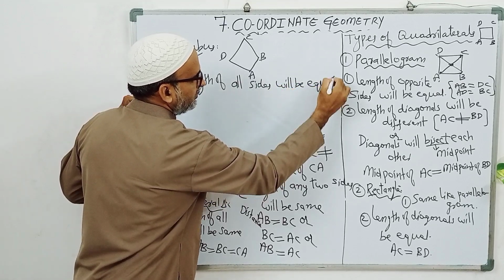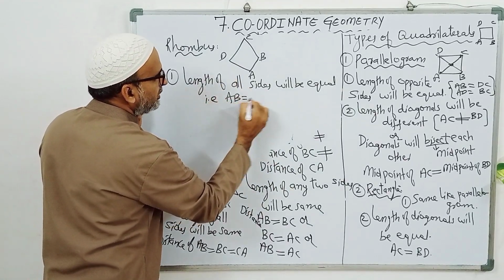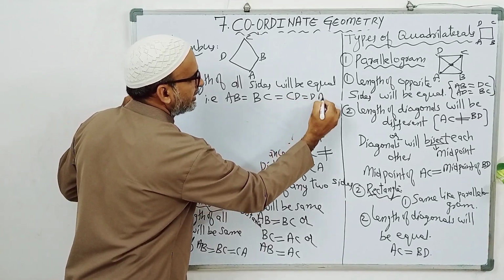That is, AB will be equal to BC will be equal to CD will be equal to DA.